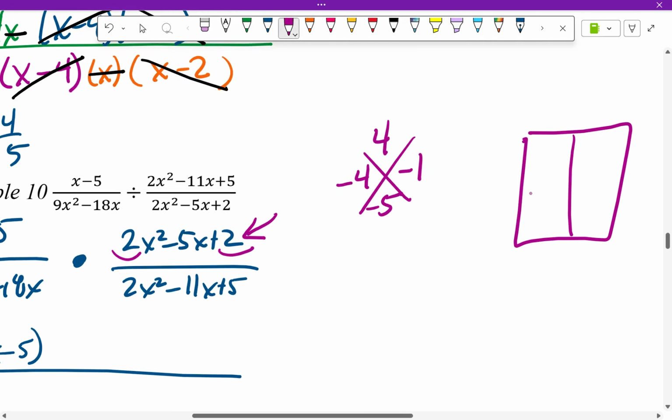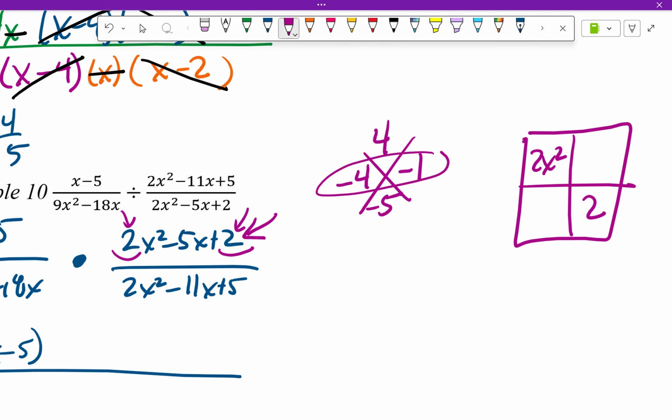Okay. So, top left-hand corner is whatever's in the front, 2x squared. Bottom right is whatever's in the back, 2. And then I'm going to take these 2 numbers from my magic x and put it in there followed by x's. Okay? All right, then you're going to ask yourself, what times what is 2? 2 and 1. So I've got 2x here and 1x here, or just x.